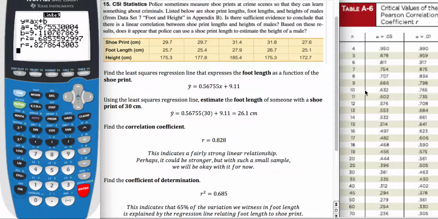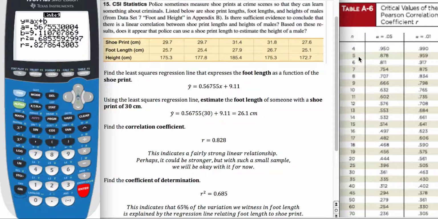If we notice over here, table A6, the Pearson correlation coefficient table, it indicates that for a sample of size 5, which we have here, we would like to see a correlation coefficient of 0.878 or greater. Well, in this case, we have 0.828.